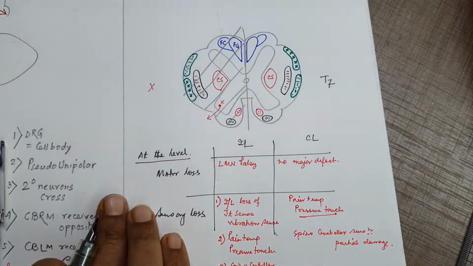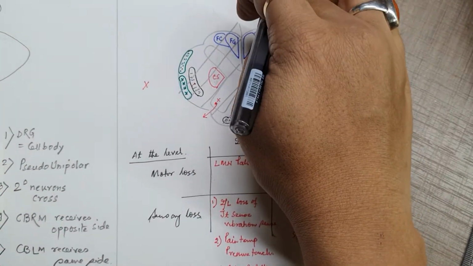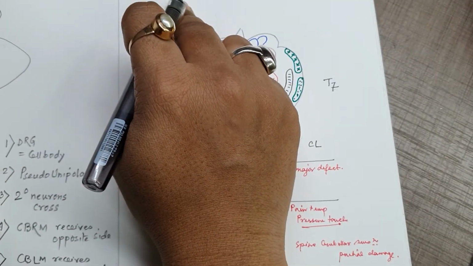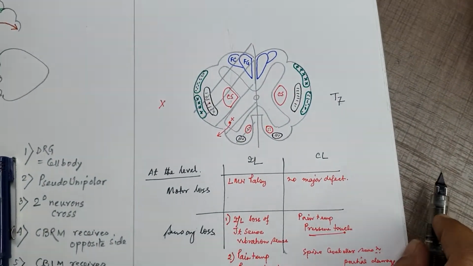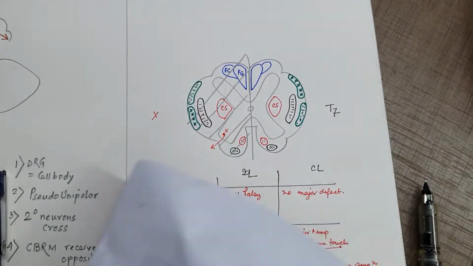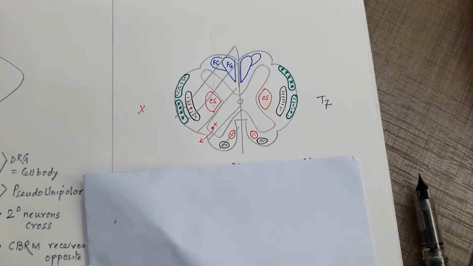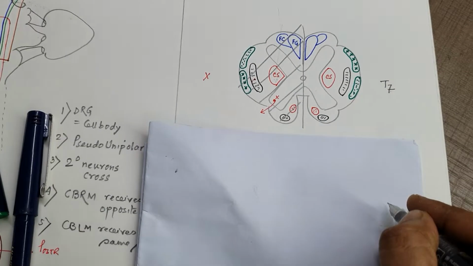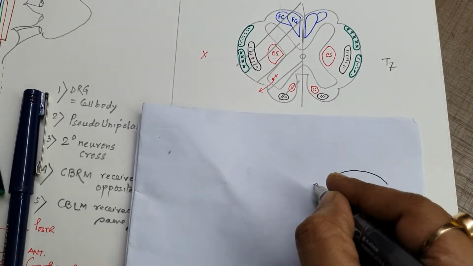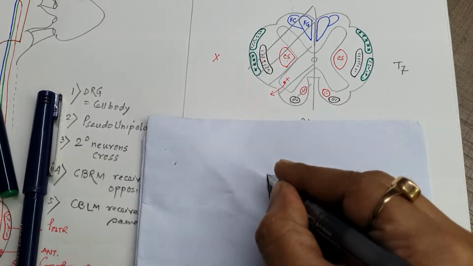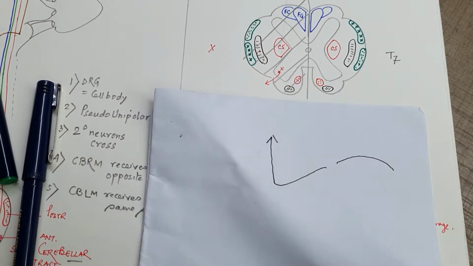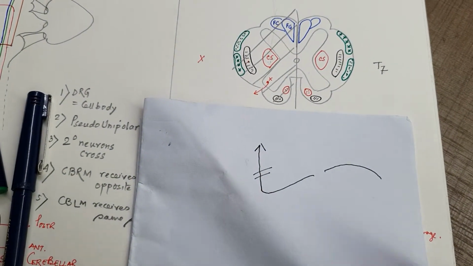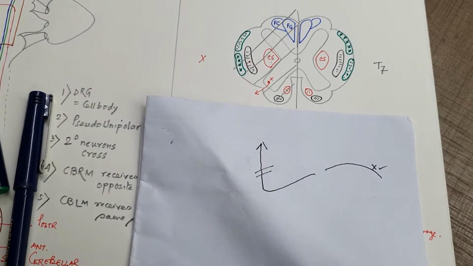So ipsilateral spinothalamic sensation will remain, whereas contralateral spinothalamic sensation will go. The contralateral sensation will come, relay, and then travel up. But how will it travel up? These fibers are damaged. So contralateral spinothalamic sensation is gone.